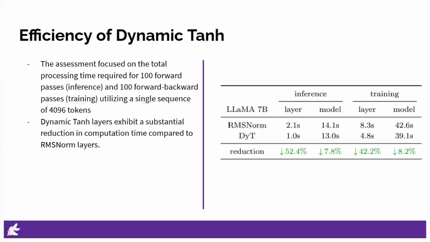The results reveal the time required for each RMS norm and Dynamic Tanh layer, as well as the entire model, when executed on an NVIDIA H100 GPU with BF16 precision. Notably, Dynamic Tanh layers exhibit a substantial reduction in computation time compared to RMS norm layers. This trend is also observed under FP32 precision, underscoring the potential of Dynamic Tanh as a viable choice for network design optimization, particularly where efficiency is a primary concern.